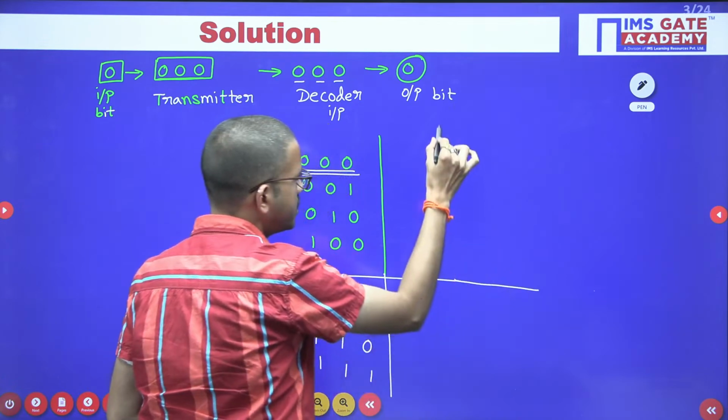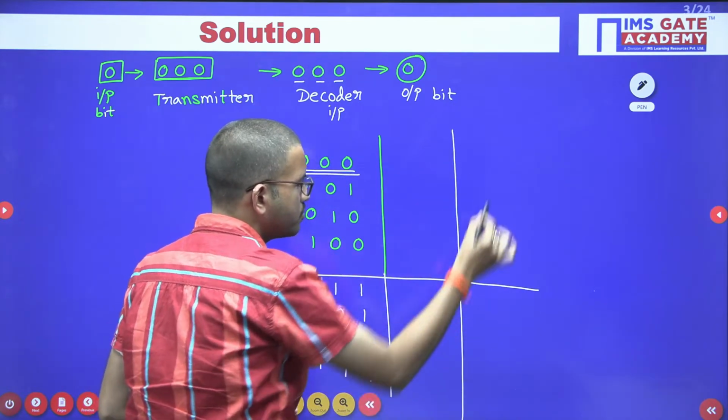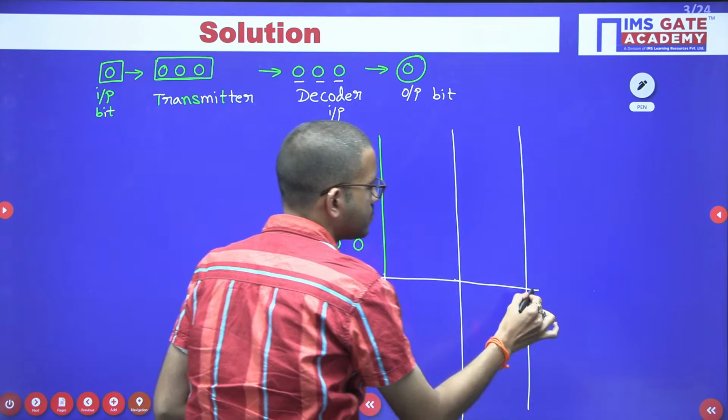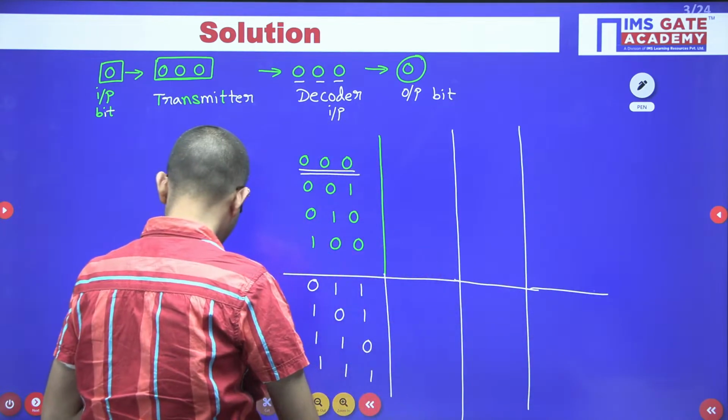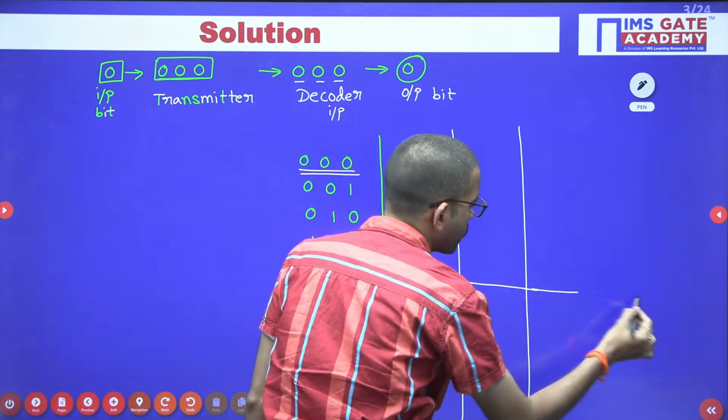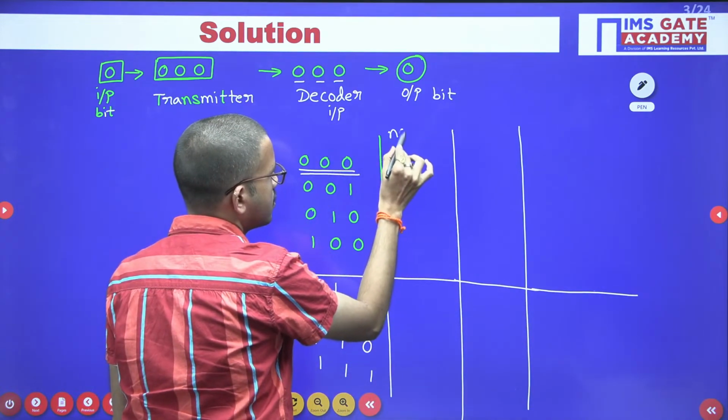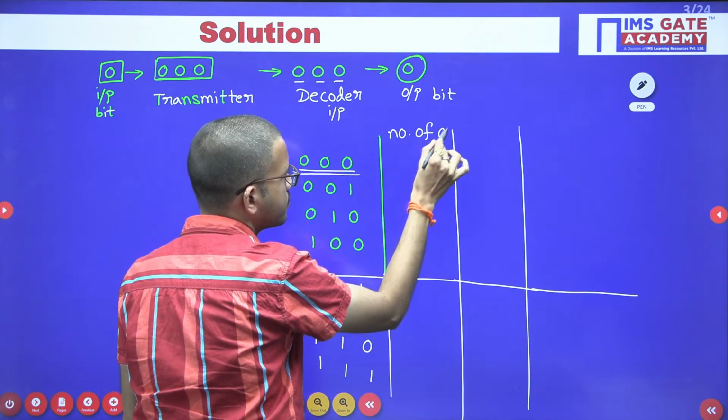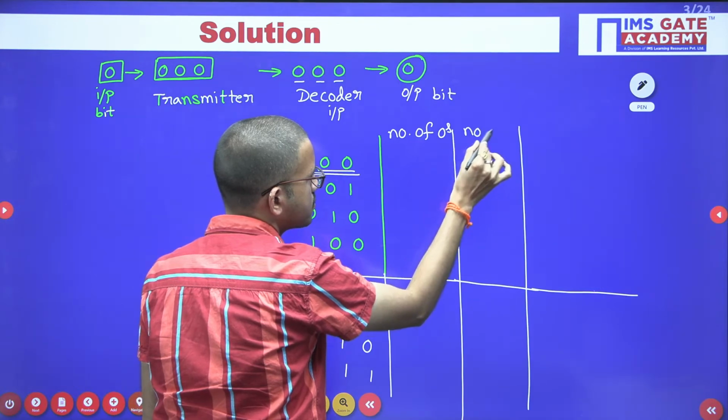Okay, just for understanding, here I am representing one more column, number of zeros and here number of ones.